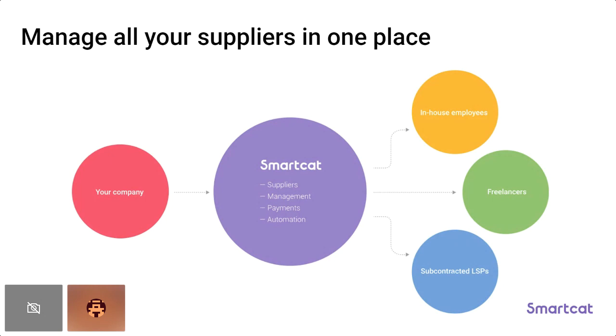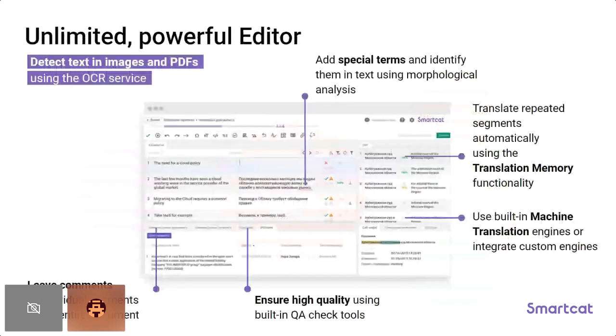Now, the Smartcat editor also has a lot of features that you would expect to find in CAT tools. You have links to translation memory and terminology database. And in this case, we even have a unique morphological analysis, which is going to actually help you find terms, even if it's not an exact match. You also have access to a lot of the latest machine translation engines.